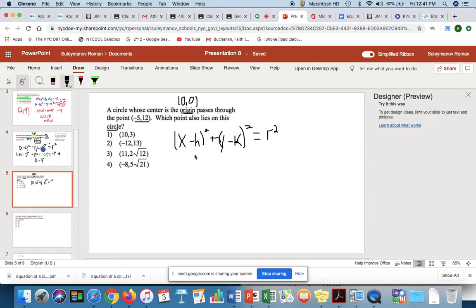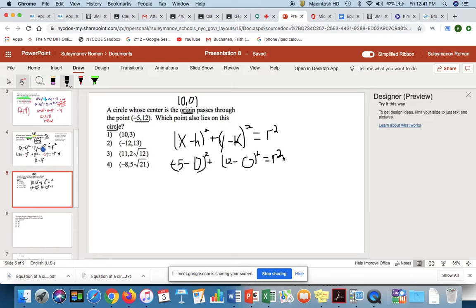The only difference is your center is 0, 0. So you're only substituting in (-5 minus 0) squared plus (12 minus 0) squared.